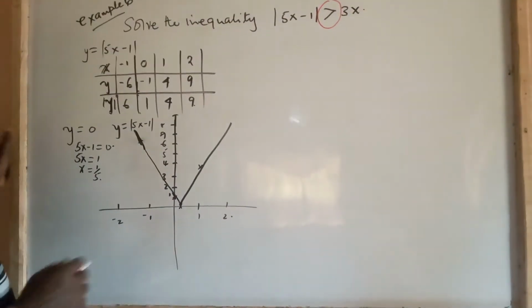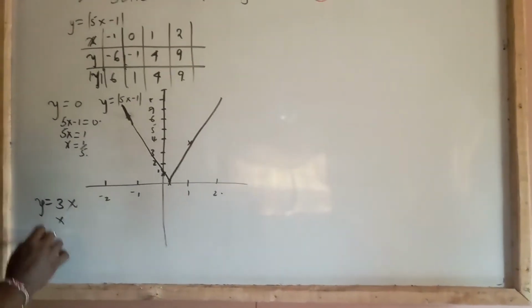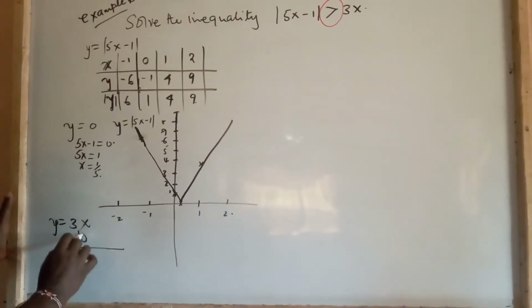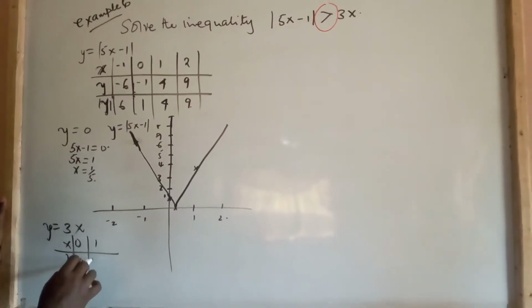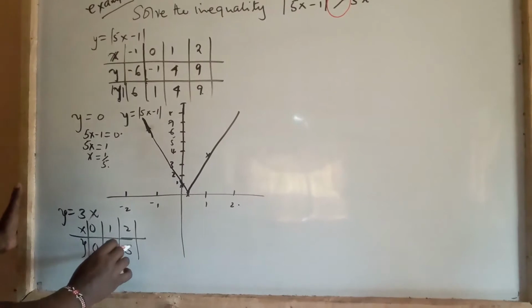On the same axis, we need to plot y is equals to 3x, and it goes without saying we use x and y. When x is 0, y is 0. When x is 1, y is 3. When x is 2, y is 2 times 3, which is 6.